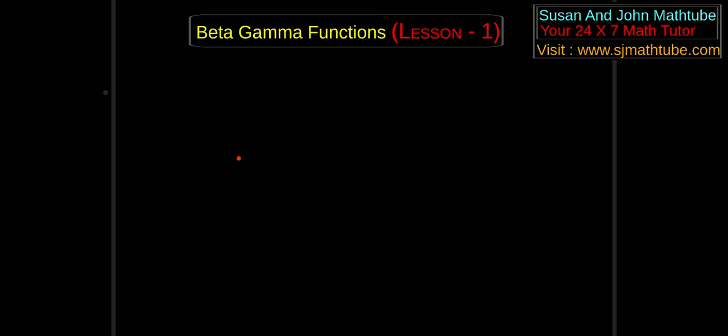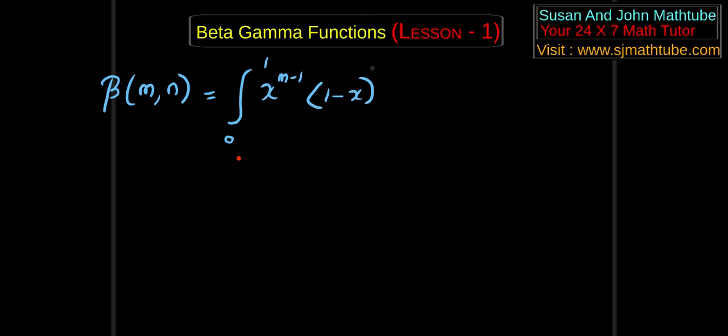So as I mentioned before, beta gamma functions are basically 2 integrals, and I'm going to use the letters m and n to define the integral, and it's given by integral 0 to 1 x power m minus 1 times 1 minus x power n minus 1 dx, where m and n are positive.